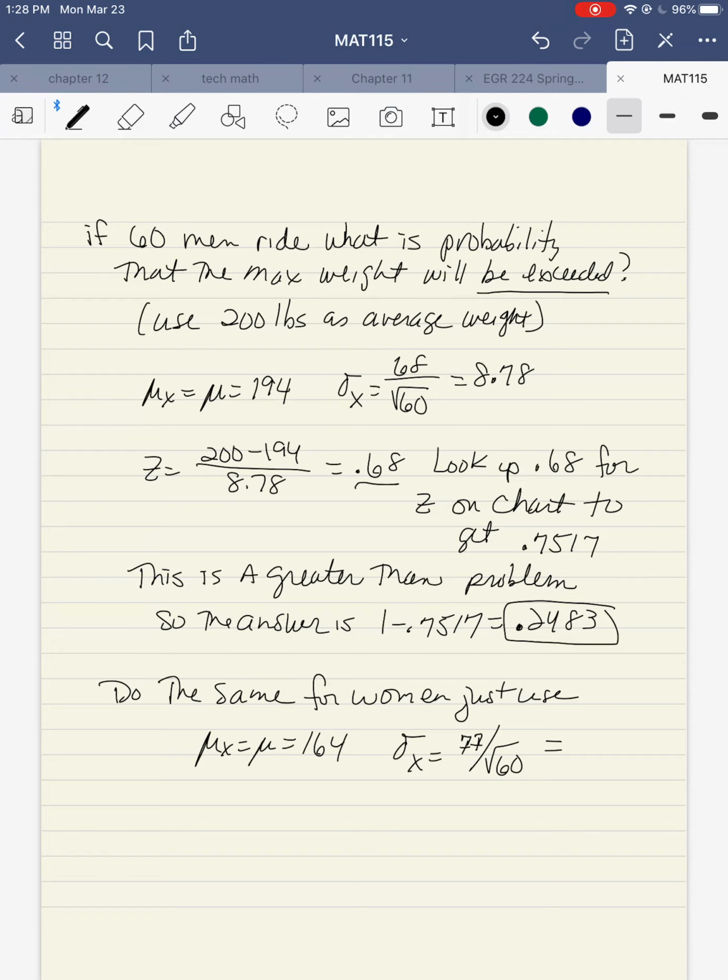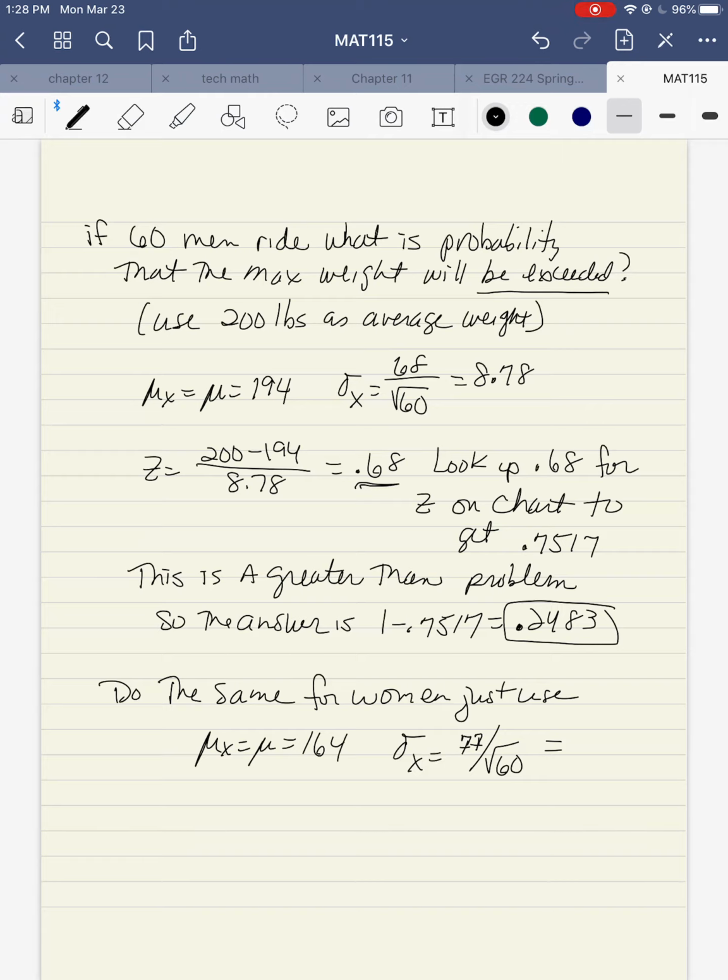You look up 0.68 on the chart, and it corresponds to a probability of 0.7517. This is a greater than problem, as I stated before, so I have to subtract that from 1. So 1 minus 0.7517 is 0.2483, and that is the probability that the maximum weight will be exceeded.